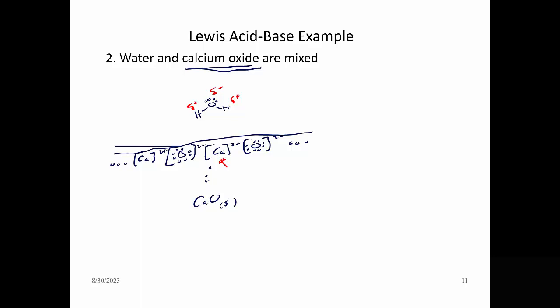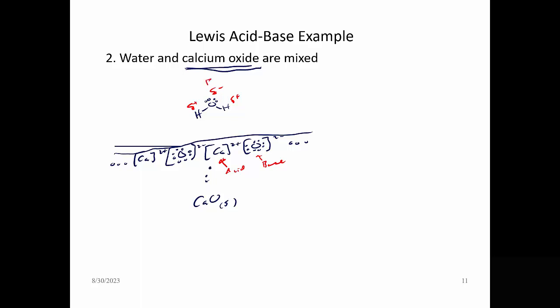In terms of calcium oxide, the calcium could be acidic or basic here. Acidic. And the oxide? Base. What do you think would be a better base? Oxide here or oxygen in water? Oxide or oxygen in water?